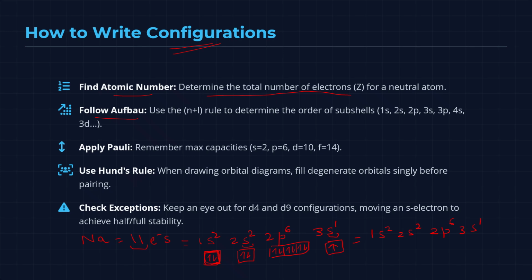So in this way, we will write the electronic configurations of different atoms. In the same way, you can write the electronic configurations of any of the atoms, like magnesium, whose atomic number is 12, like aluminium, whose atomic number is 13, etc. Any other also. Now here, we have to follow all the rules. First, we have followed the Aufbau principle. Then the Pauli principle also we have followed.